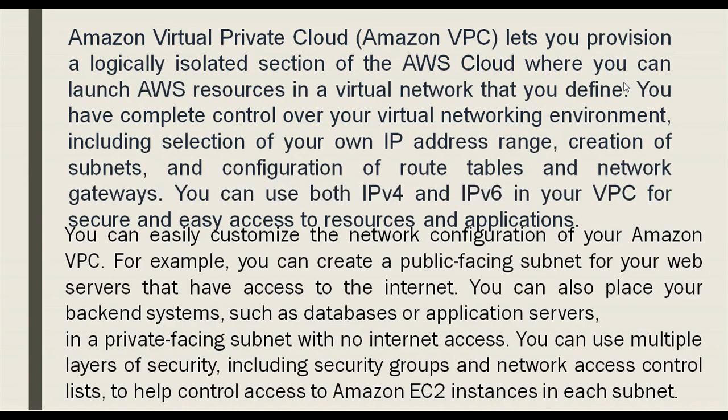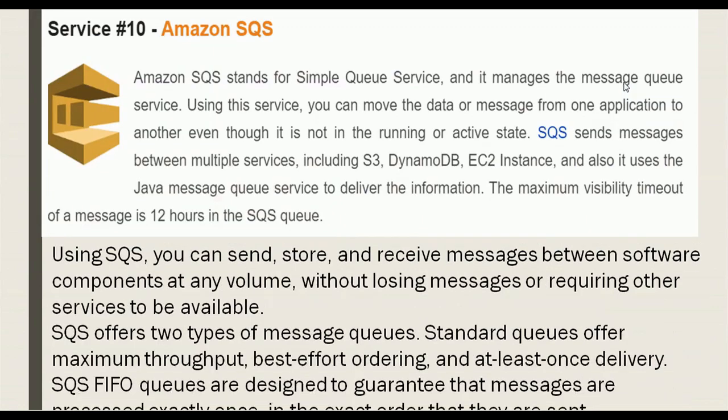You can create public facing subnets for your web servers that you have access to, and you can also place your backend systems such as database or application servers in private facing subnets with no internet access. This way VPC lets you provision a logically isolated section of the AWS cloud where you can launch AWS resources in a virtual network that you define.